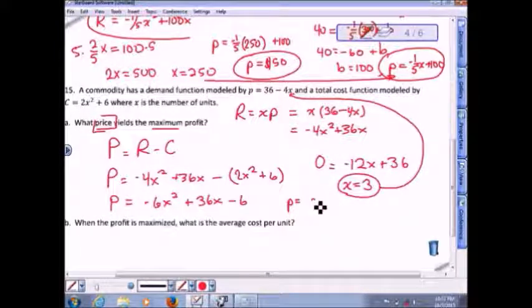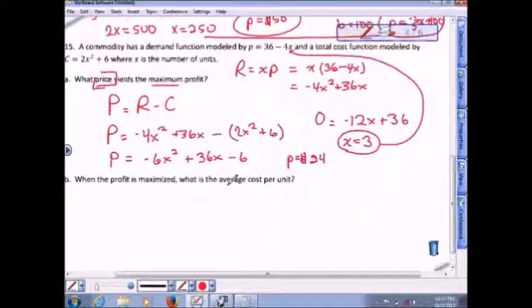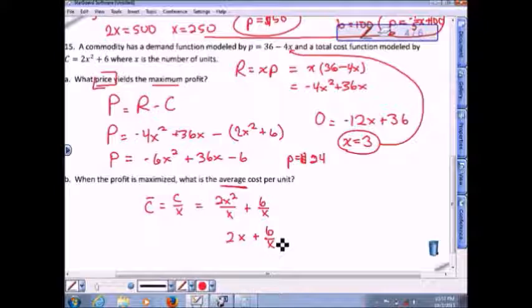So lowercase p price is $24. Now, what is the average cost? So c bar is equal to c over x. This is equal to 2x squared over x plus 6 over x, which is 2x plus 6 over x.